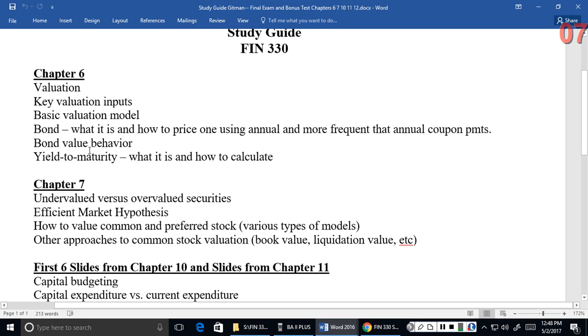And also yield to maturity, or YTM. What is it and how do you calculate it? And with the financial calculator, it's really simple to calculate. The only thing that you need to be aware of with yield to maturity, and we talked about this, if you go back and review the integrity recording, you can see this part.